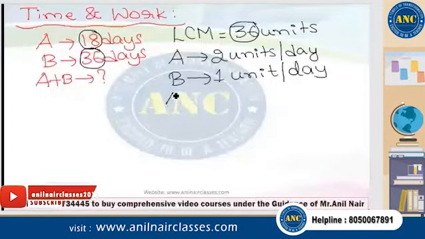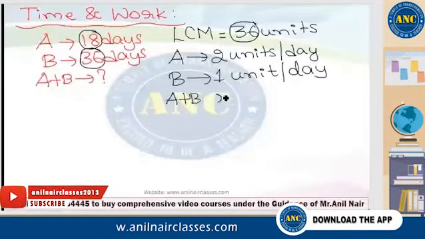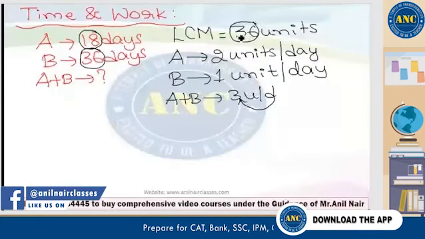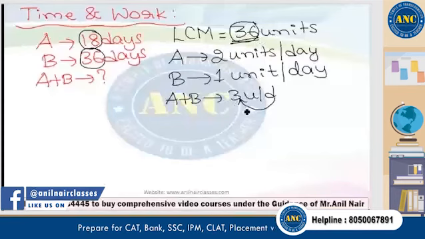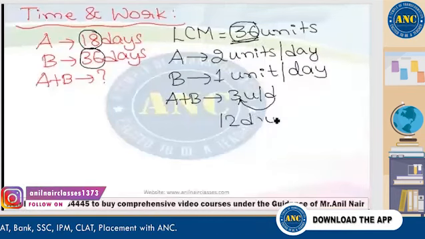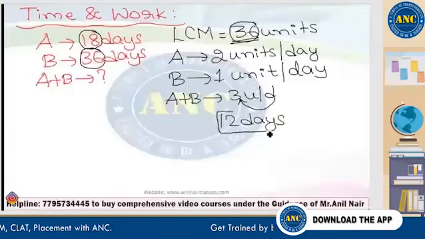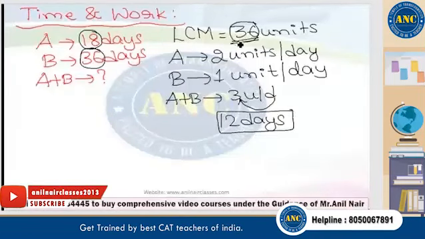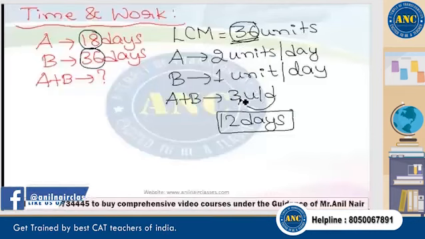So A plus B together is 2 plus 1, 3 units per day. In 1 day they will distribute 3 chocolates. To complete all 36 chocolates, how many days will they take? They will take 12 days, because 3 into 12 is 36, or 36 divided by 3 is 12.